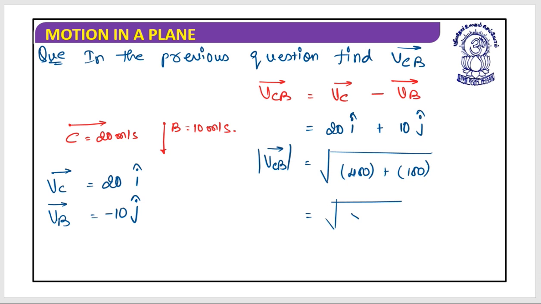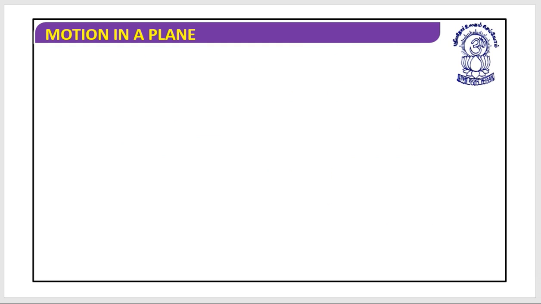So that should be equal to root of 500, and this is equal to root of 100 into 5, which is 10 root 5 meter per second. Yes, is it clear? One more question, one more.